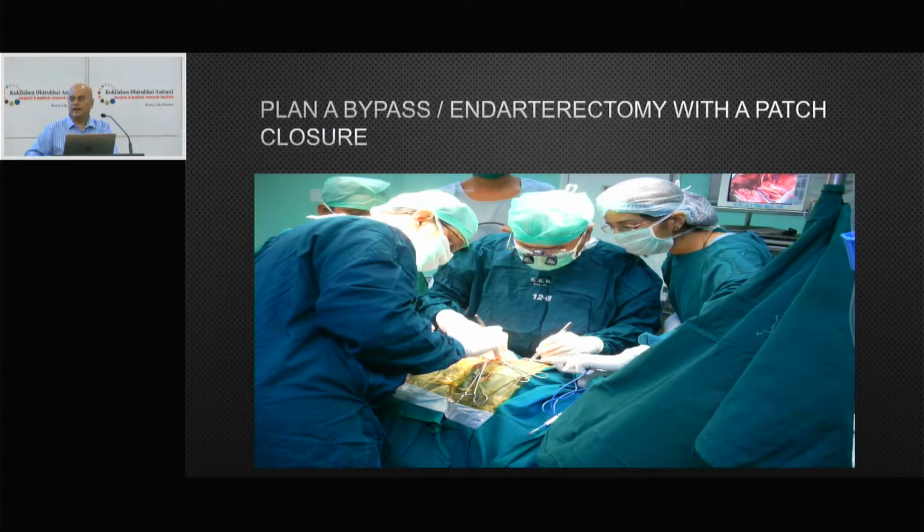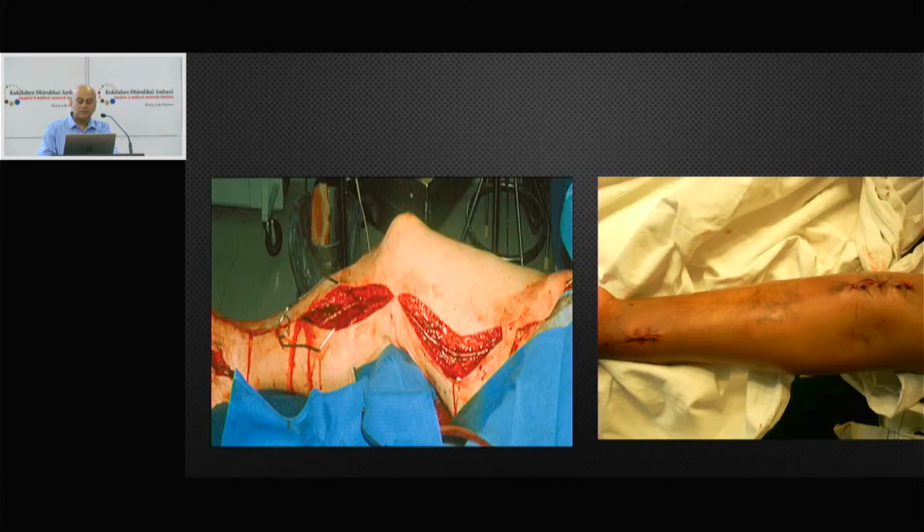So if I had no endovascular experience or no cath lab available, the next thing that I would do is, if I have not got a good pulse back, I would go back and try to do a bypass or an endarterectomy, take out the chronic clot, treat the chronic lesion, and then get my pulses back. So something like this, you do a bypass in the leg and the upper limb.